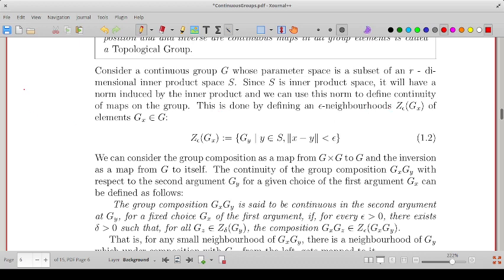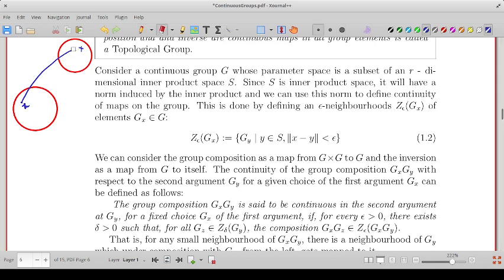So, as we have seen earlier, we have a parameter space and then we have the group. Then corresponding to every point in the parameter space, there will be a group element. So if this is X, this is Gx. Let me rewrite.